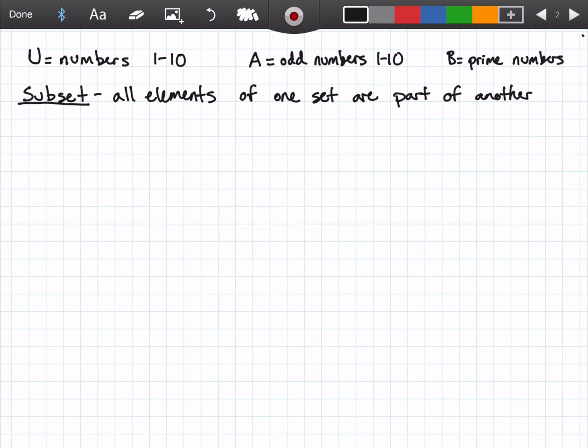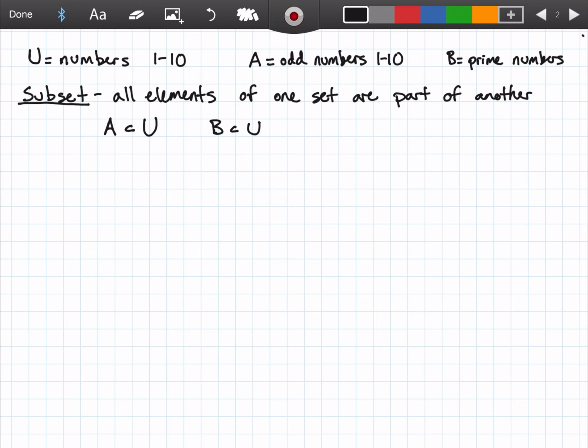So in our example here, I know that A is going to be a subset of U. And basically that sideways curvy C means subset. I also know that B is going to be a subset of U. Basically all of your sets should be subsets of the universal set.